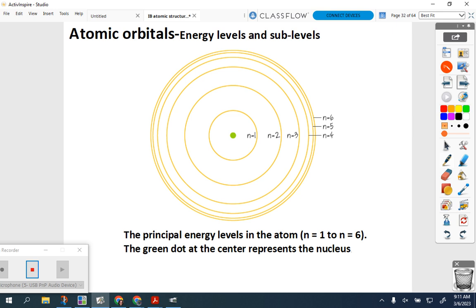That is a great question. I don't have a good answer for it at this moment. I don't know if that's a realistic thing. I don't think that's a realistic distance, but, well, because this is a representation of how much more energy it takes to be in energy level 2 versus energy level 1, or energy level 3 versus energy level 2.